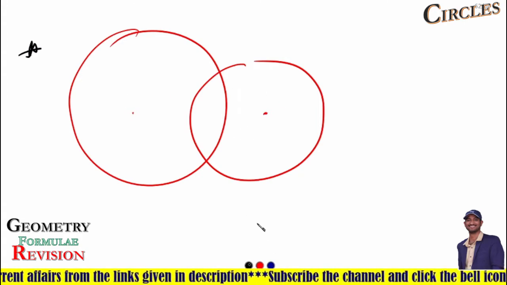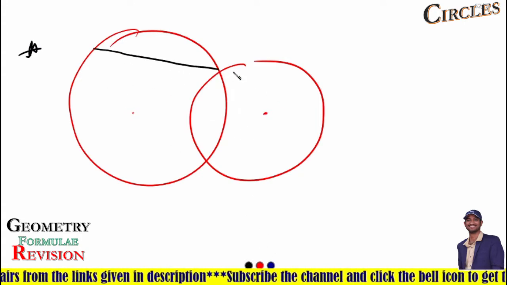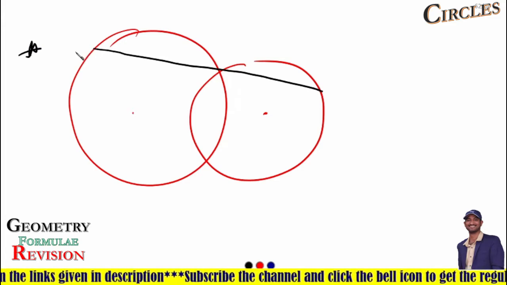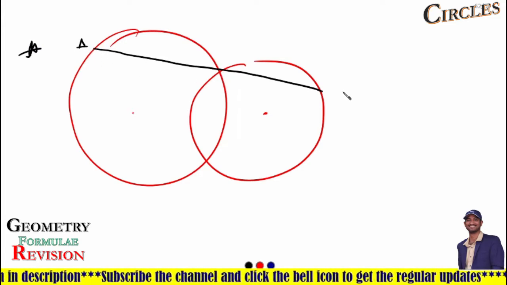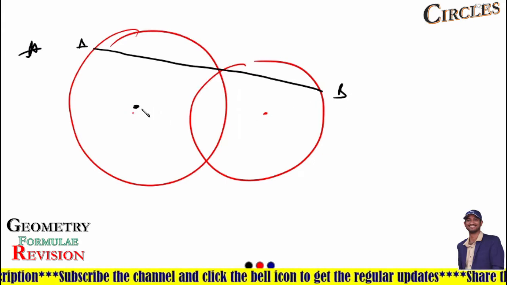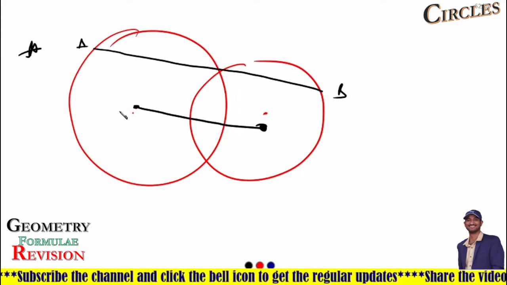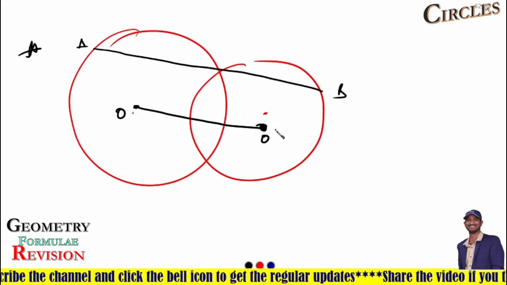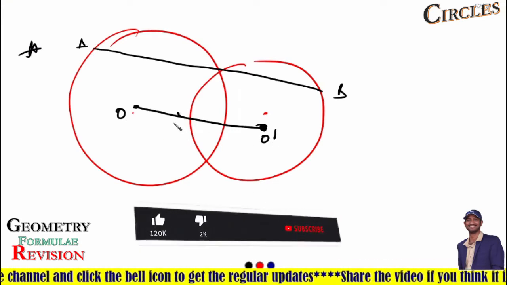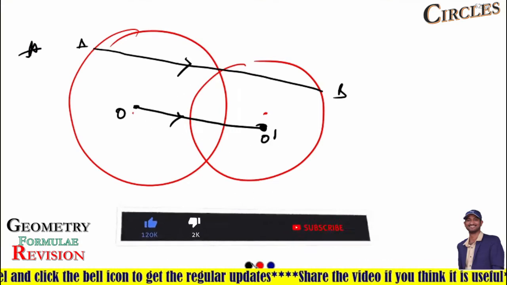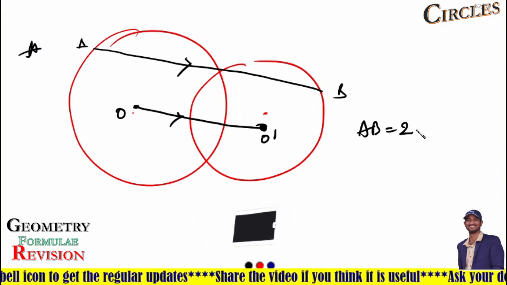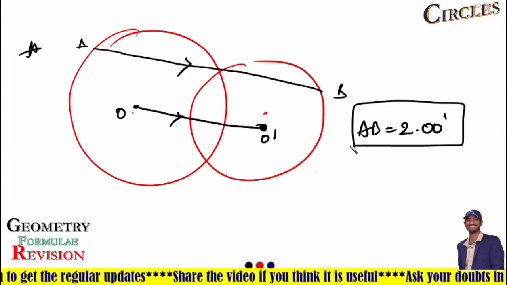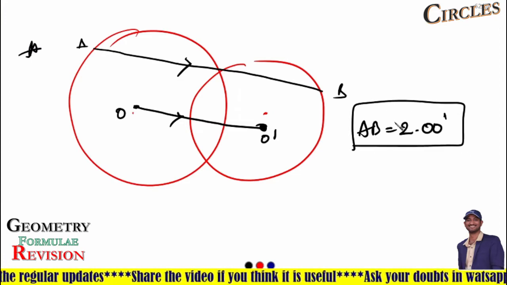If I draw a line passing through one of the intersecting points which is parallel to the line joining the centers O O dash, then definitely AB is equal to 2 times the line joining the centers O O dash. This is one important property.